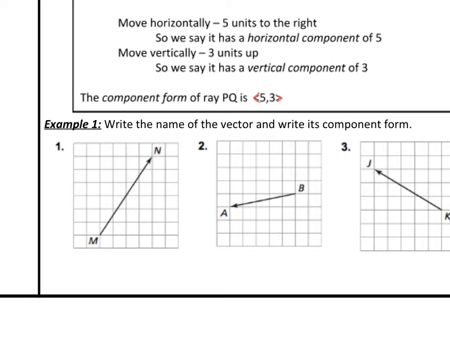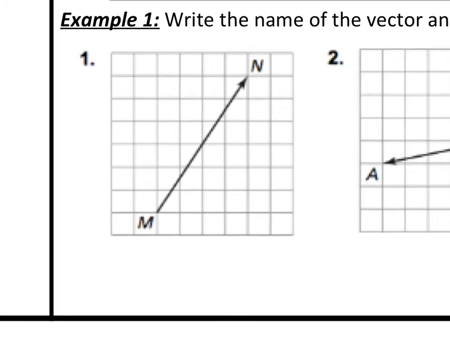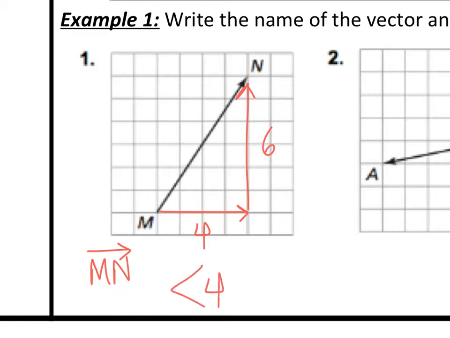So we're going to write the names of these vectors and write them in component form. This is MN because it starts at M and goes to N. And it is a ray, so we write it as such. And it goes right 4 and up 6. So that would be the vector positive 4, positive 6.